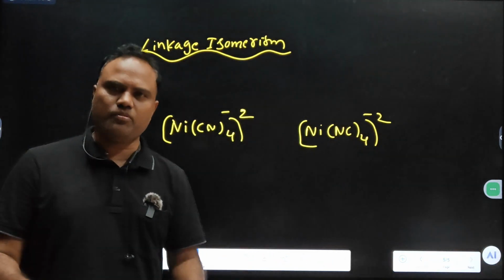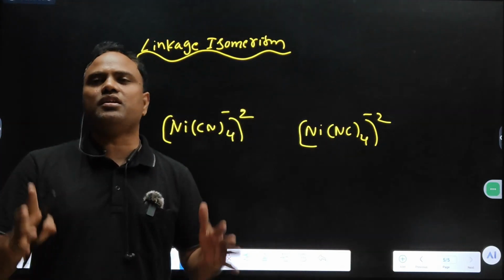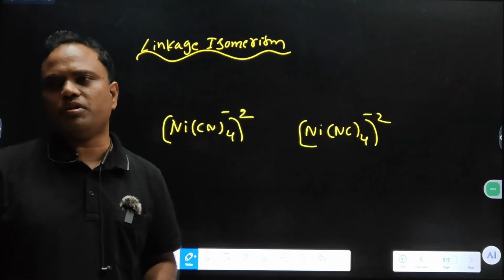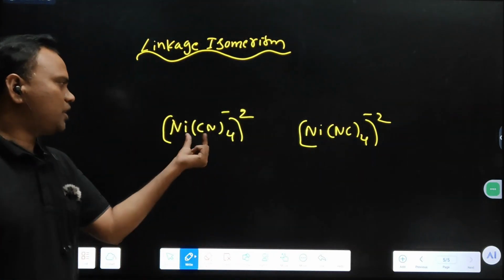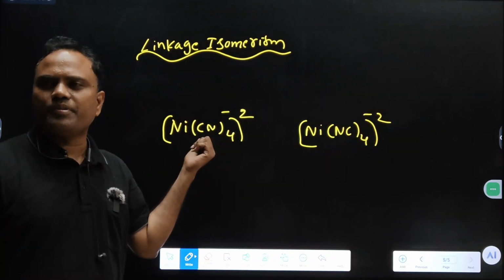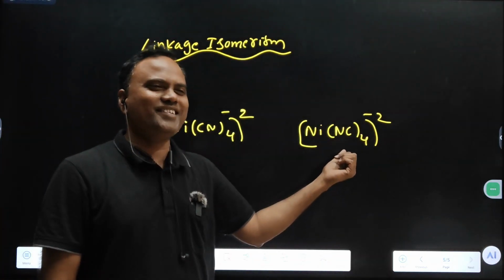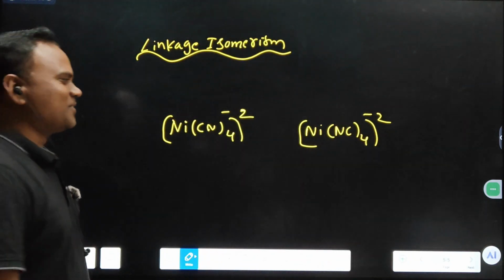Complexes having the same molecular formula, but the link with the central metal atom is different. Here, the ligand is linked with which atom? Carbon atom. Here, nitrogen. The link is different.